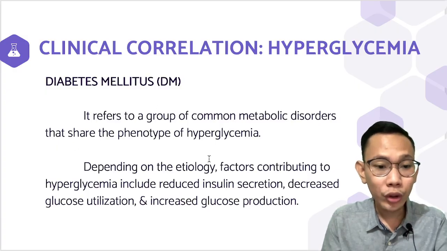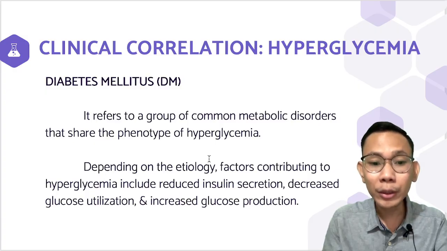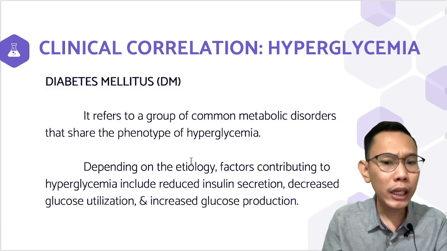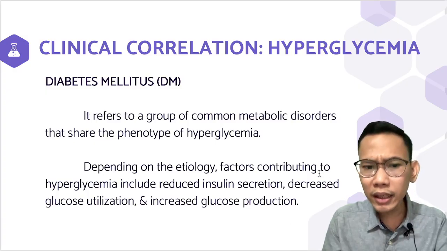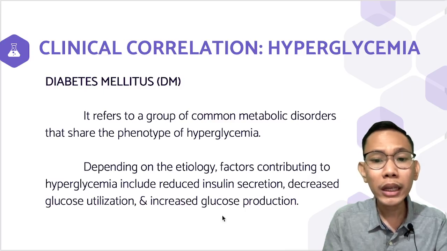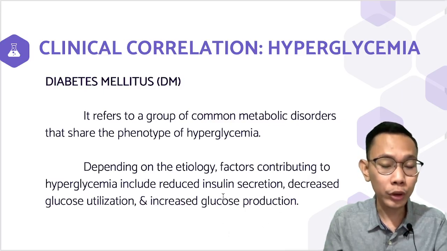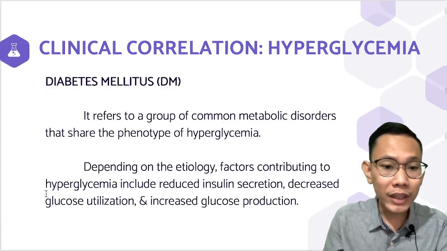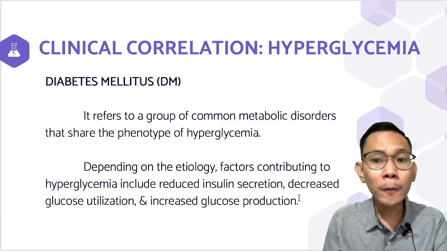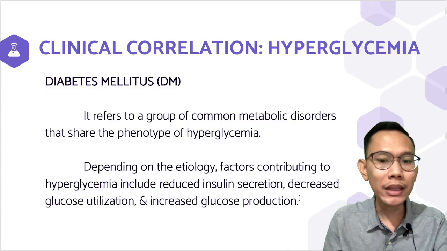Depending on the etiology, factors contributing to your hyperglycemia include pwedeng reduced insulin secretion, pwedeng decreased glucose utilization, or increased glucose production. But all of these factors will lead to hyperglycemia, which may lead to your diabetes mellitus.